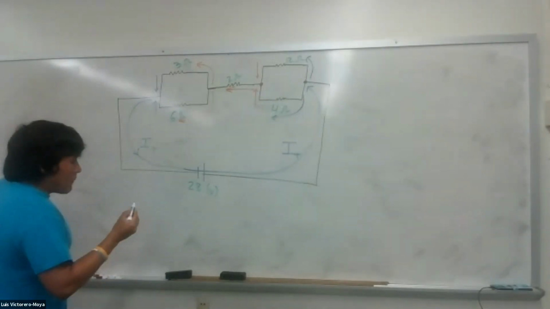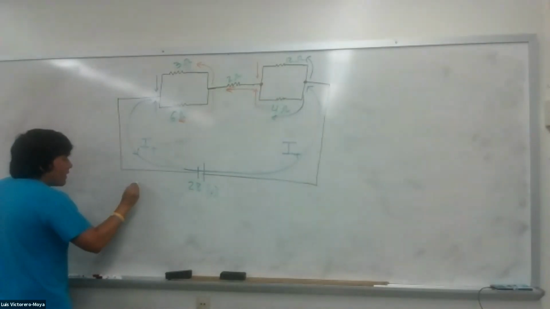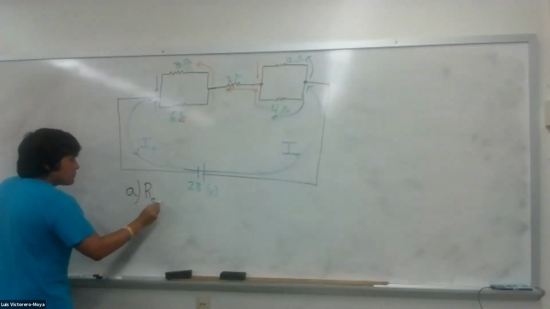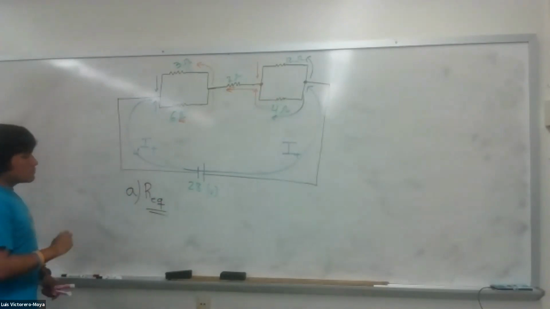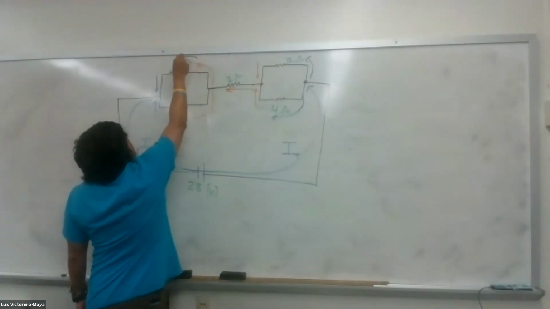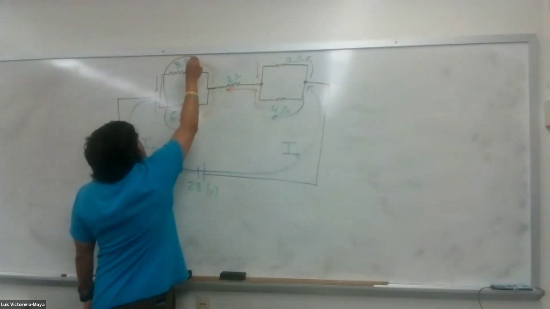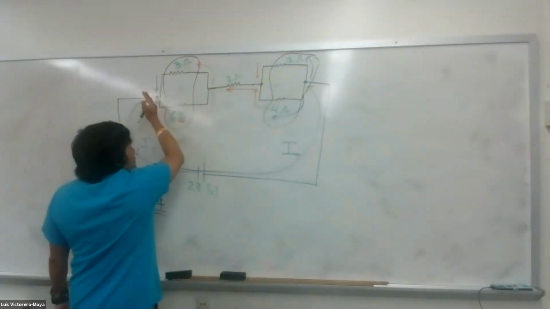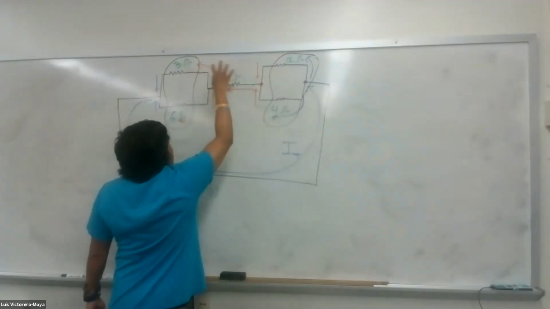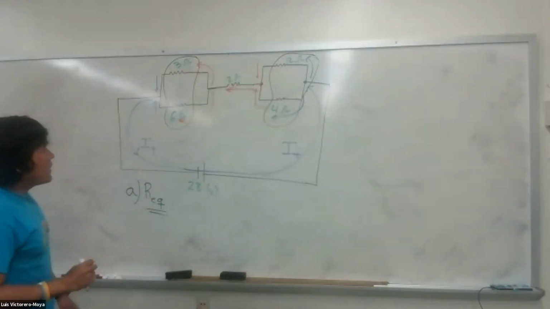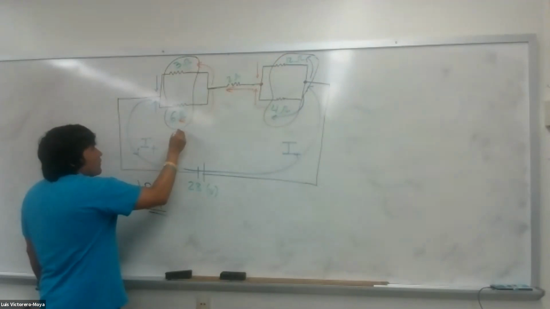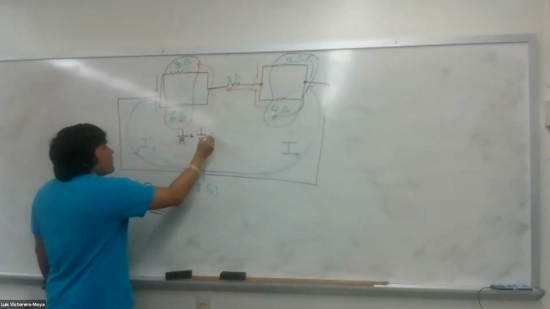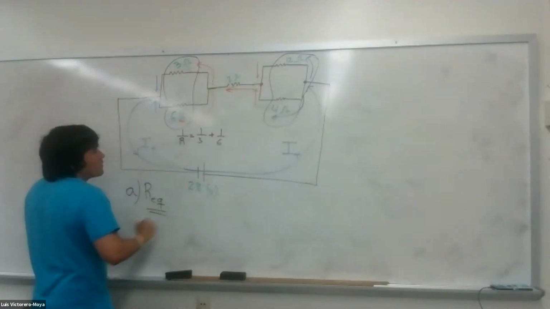Okay, so the first step will be to find the equivalent resistance. First of all, we know that this is in parallel, and this is also in parallel, and then these all 3 are in series. So again here, 1 over R, 1 over 3, 1 over 6.